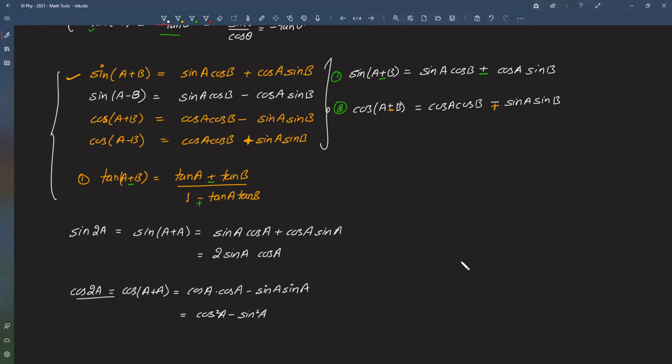So cos square A can be written as 1 minus sin square A. If you write that, this will become 1 minus sin square A minus sin square A, or 1 minus 2 sin square A. Similarly, if you substitute sin square A with 1 minus cos square A, this will become 2 cos square A minus 1. So that is cos 2A.